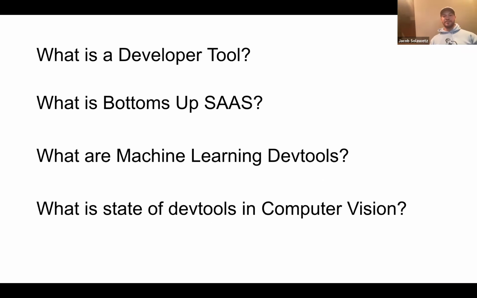So they can just pick up a lot of these abstractions and then wrap those abstractions with the code that they are developing. Yeah, and then the state of dev tools and computer vision is going to be further down when I talk a little bit more about the computer vision pipeline.